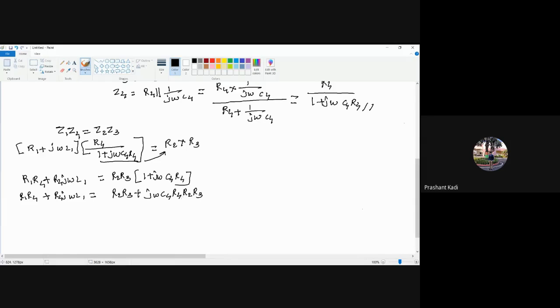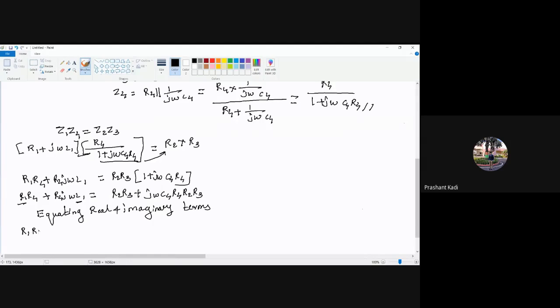How do we find the unknown values now? The unknown quantities are R1 and L1. So now equate the real and the imaginary terms on both sides. On the left hand side, we have the real term R1 R4.